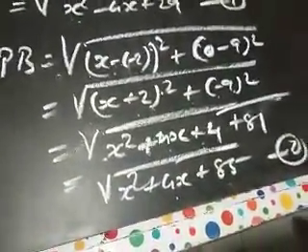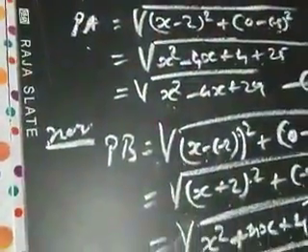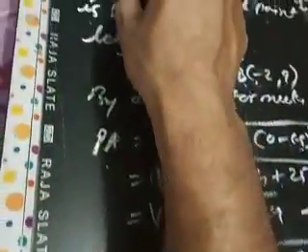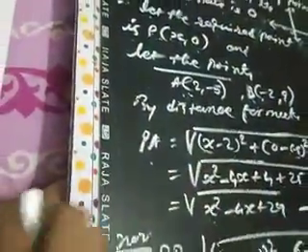Both are equal, because the point on the x-axis is equidistant from A and B, so PA is equal to PB.